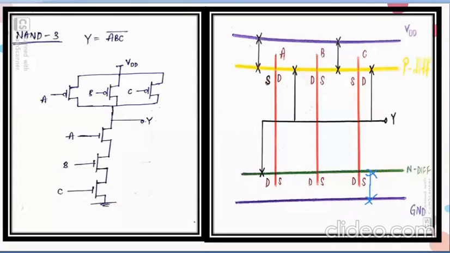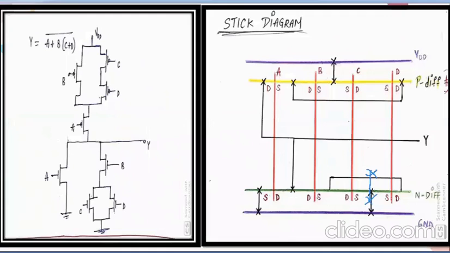Now let's see a common Boolean expression. How to draw a stick diagram for a general Boolean expression. I have taken one Boolean expression as (A plus B) into (C plus D). Now I have 4 inputs A, B, C, and D. Similarly, for VDD and ground we used blue color.